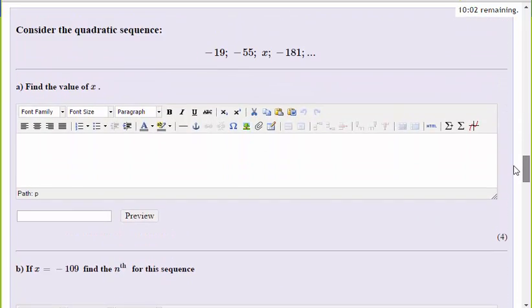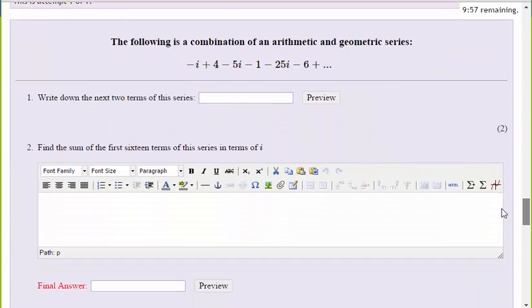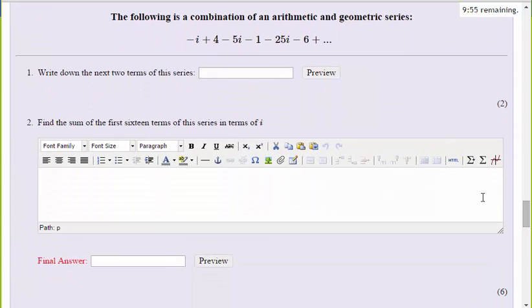We'll get to this one when we do quadratic. Okay, the following is a combination of an arithmetic and a geometric sequence. It's not very difficult. Write the next 2 terms of this series. So we can see here's negative i, negative 5i, negative 25i.